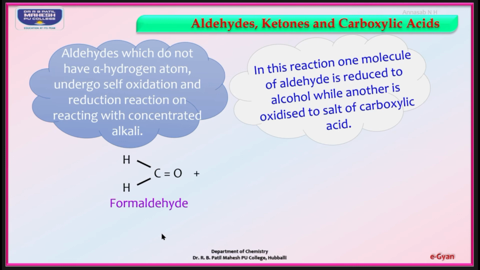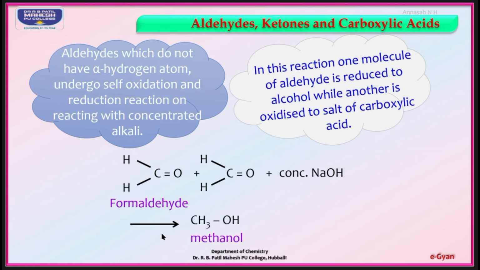One molecule of formaldehyde reacts with another molecule of the same formaldehyde in presence of concentrated alkali, undergoes self-oxidation and reduction. The reduced molecule of formaldehyde gives alcohol, methanol, whereas the oxidized molecule gives the salt of carboxylic acid, sodium formate.